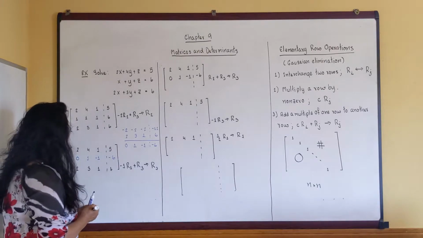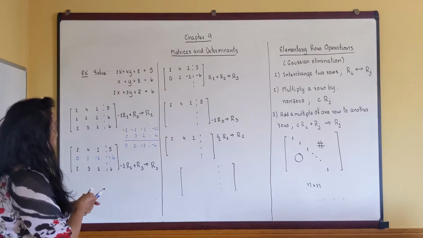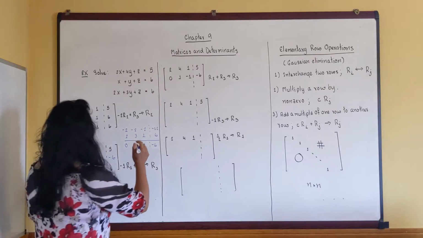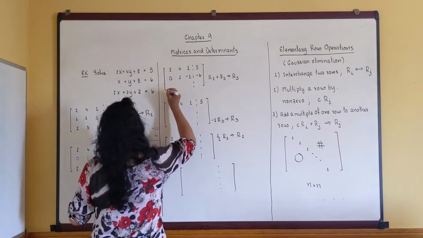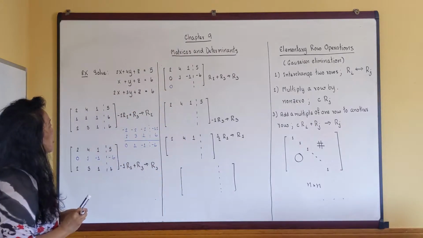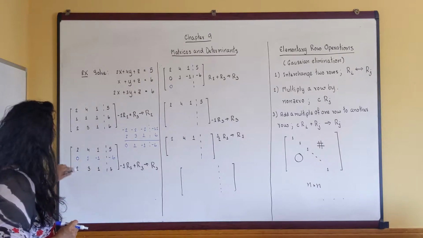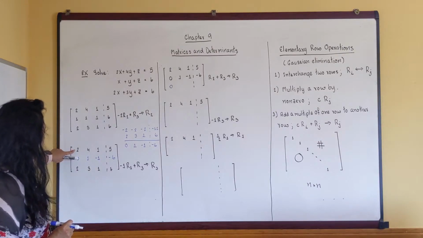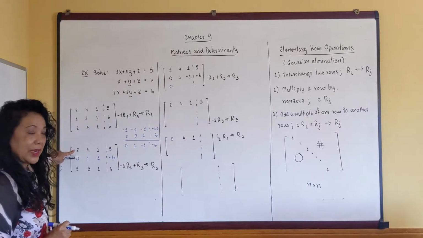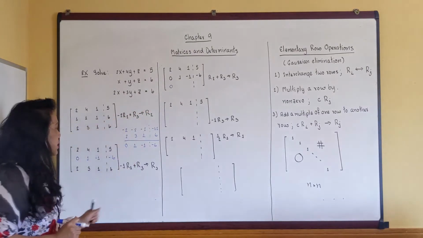Now I want to have 0 right here. What can I do to get 0 in that cell? I'm thinking if I multiply the first row by -1 and add it to this one, I will have my 0 there. So let's do that.